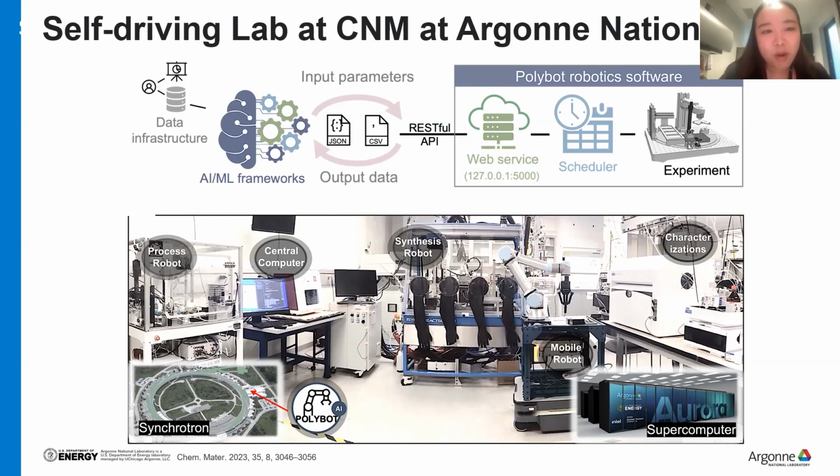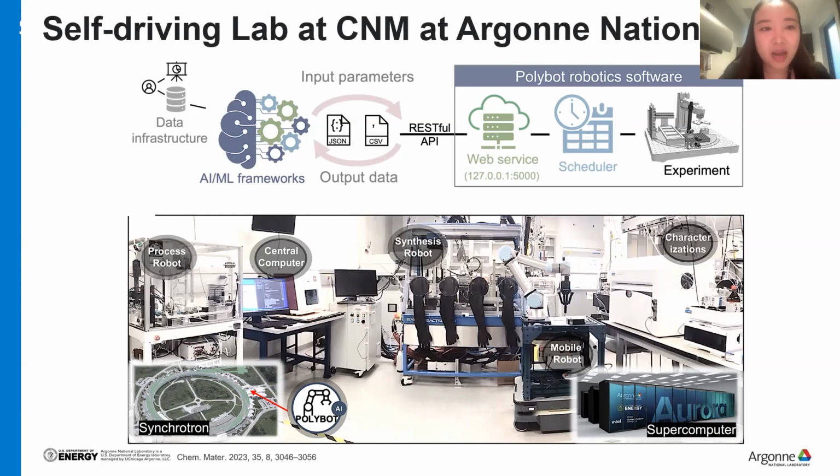So what sets Polybot apart is its seamless integration of automated synthesis, processing, characterization, and the mobile robot. Everything is driven by advanced AI algorithms.